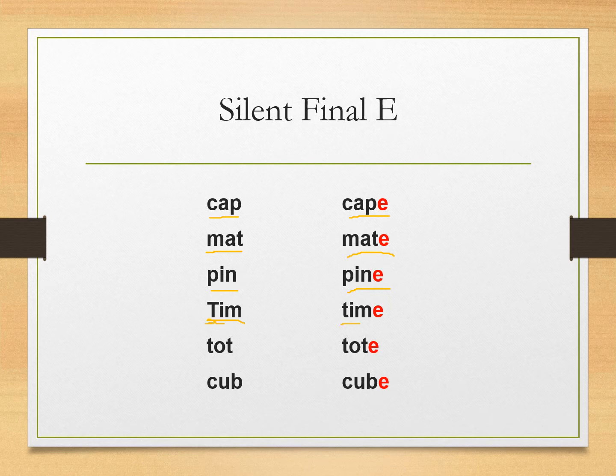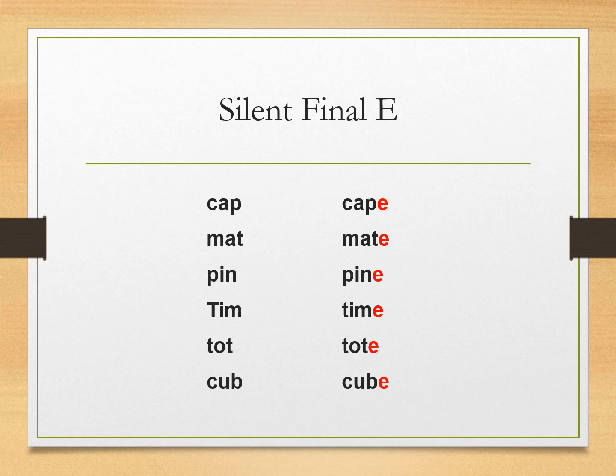Now I add that silent final E and it turns into time. Now I've got a lowercase t because nobody's name is Time, I don't think. Time. Tot turns into tote. Cub turns into cube just by adding a silent final E. It's a very powerful letter.